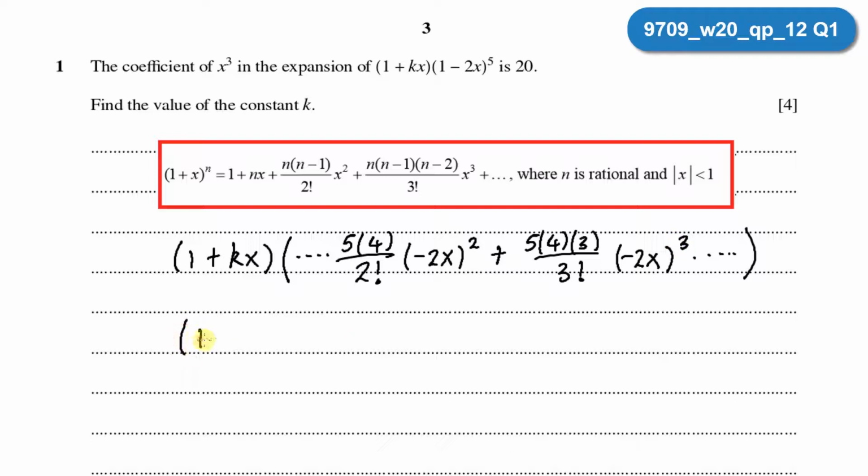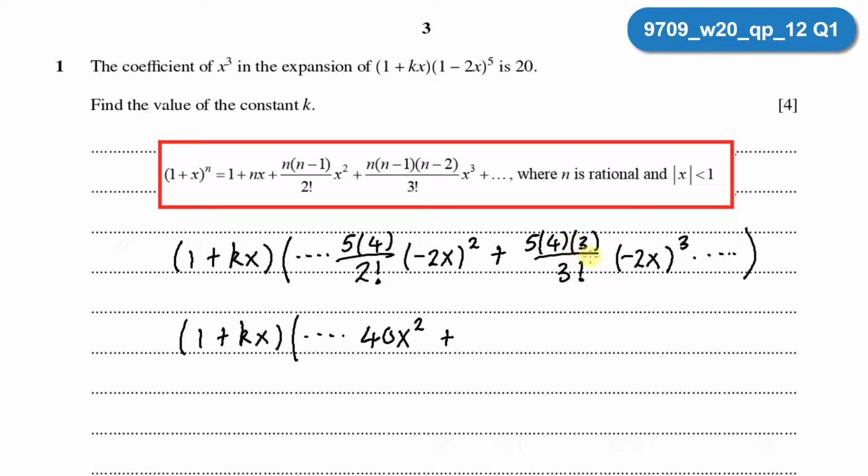Let's just continue simplifying. So we have 1 plus kx here, and it's multiplying 5 times 4, that's 20. 20 divided by 2 factorial. 2 factorial is 2, so we get 10 here, and 10 times minus 2 squared, which is 4. This is going to give us 40x squared, and then that's plus, and here we have 5 times 4 times 3, which is 60, divided by 3 factorial, which is 6.